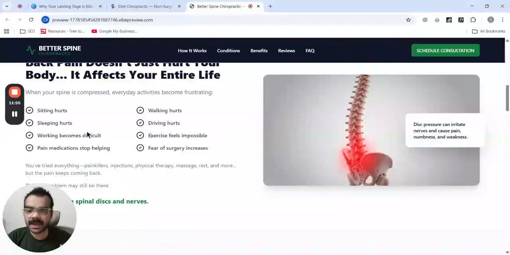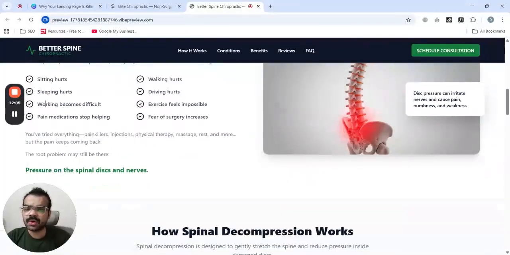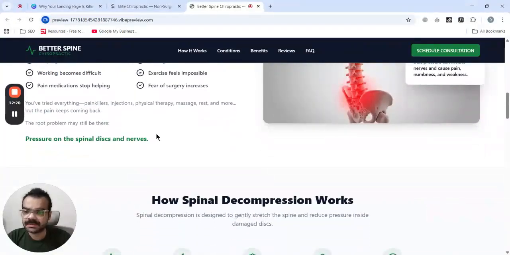So if I am in back pain and I see that, hey, it is relatable to me, I am sitting and it is currently hurting me, and if I am working, it is very difficult for me to work. So if all these agitations are relatable to me, I will definitely schedule a consultation with this particular business, right?